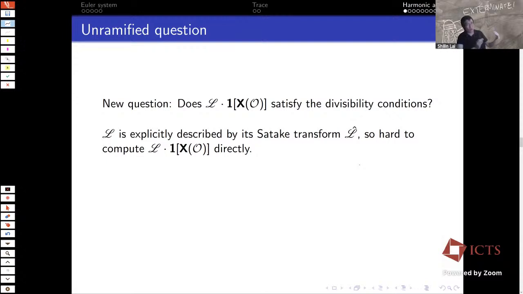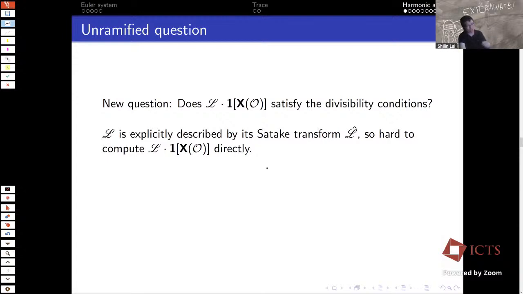So we are not describing the Hecke operator concretely as a bunch of double coset operations. Instead, we are actually describing the Hecke operator by a Satake transform. Let's say we have a representation, we know its Satake parameters, then I know exactly how L acts on the representation.